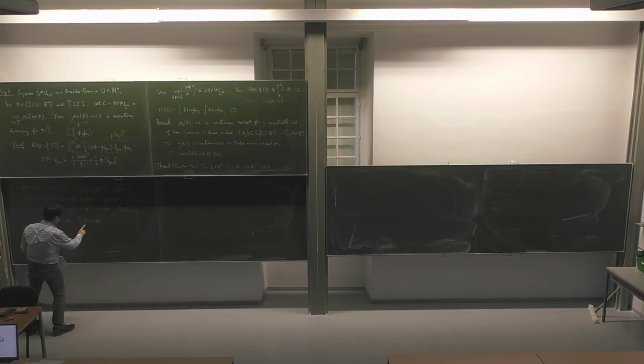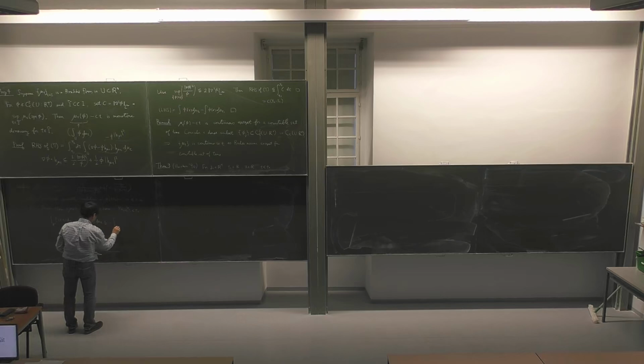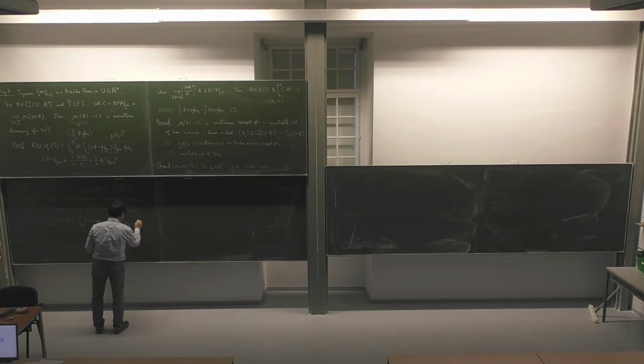This is less than or equal to minus the integral from T1 to T2 of the integral of the square of h plus (x minus y0) perp over 2(t0 minus t), d mu t dt.